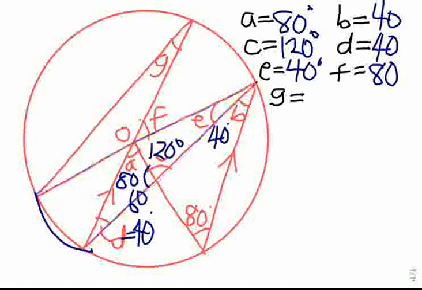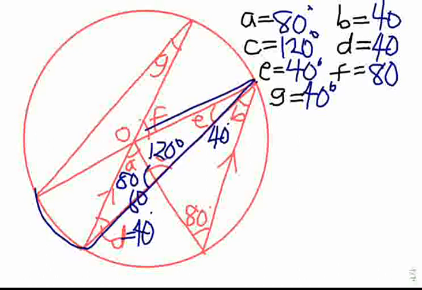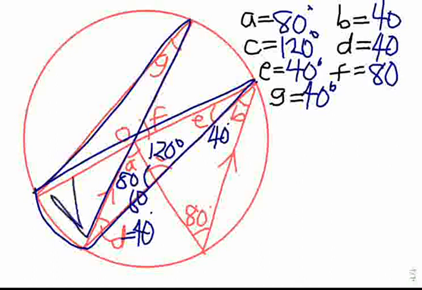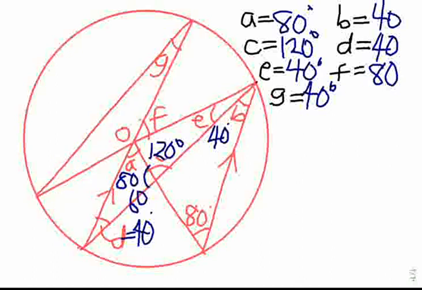So if this arc subtends 40 degrees here, the same arc will subtend the same 40 degrees on the circumference there. The reason is that angles in the same segment are equal.